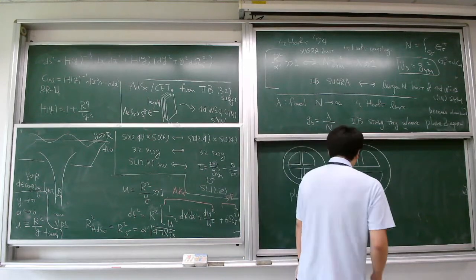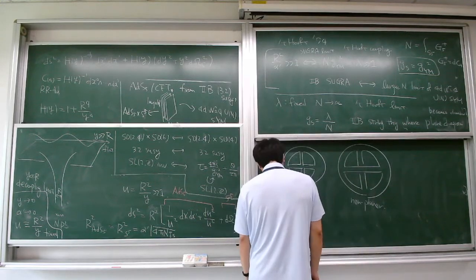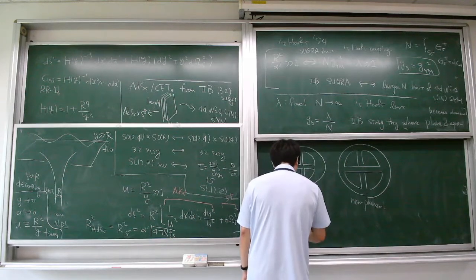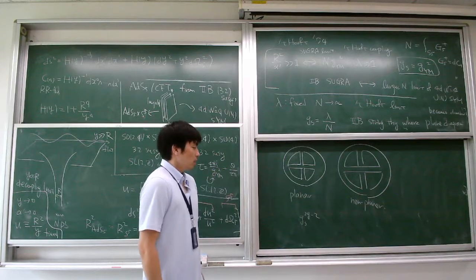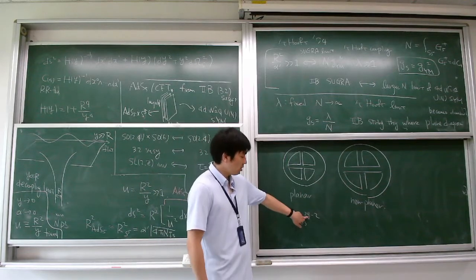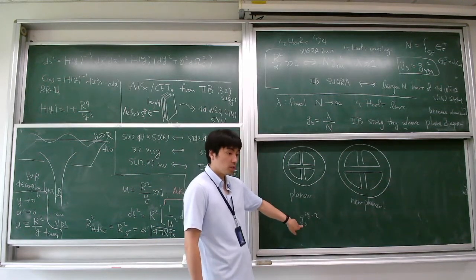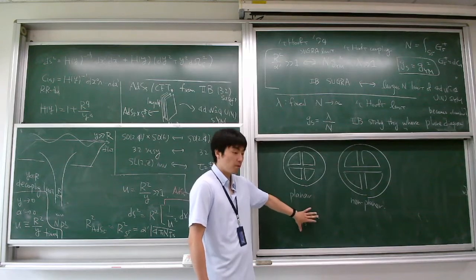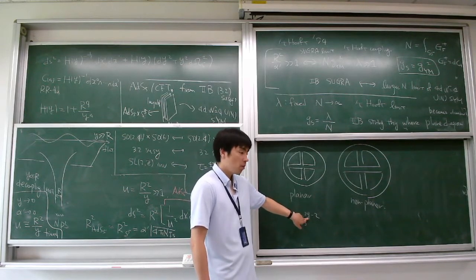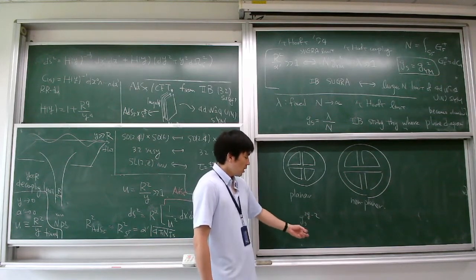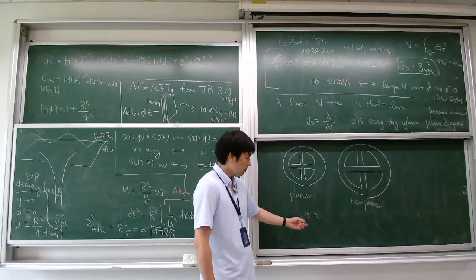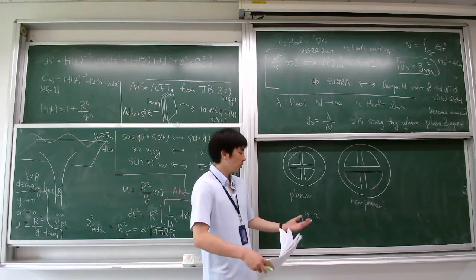So as I mentioned, the string coupling constant g_s is raised to the power 2g minus 2. So for genus 0, it's minus 2. If you go to the weaker coupling limit, this genus 0 term is dominant, whereas if you include genus 1, it becomes proportional to 1, and if you include higher genus G, it becomes negligible.